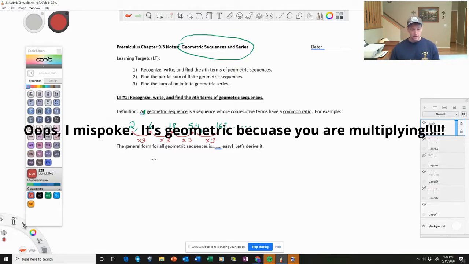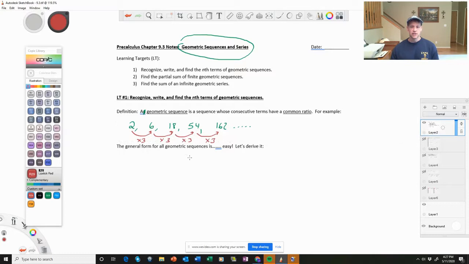All right. Let's go ahead and derive once again the formula for finding the nth term of a geometric sequence. And just like last time, it's very easy to do. So for example, in this one, the first term is 2. The second term is 2 times 3, which is 6. The third term is 2 times 3 times 3, so I'll just call that 3 squared. And the fourth term is 2 times 3 times 3 times 3. And so on.